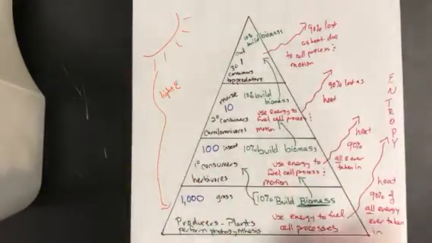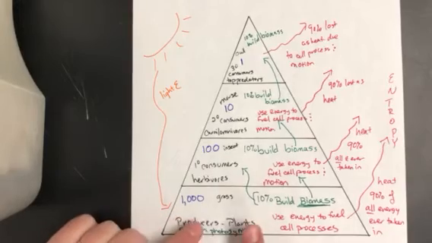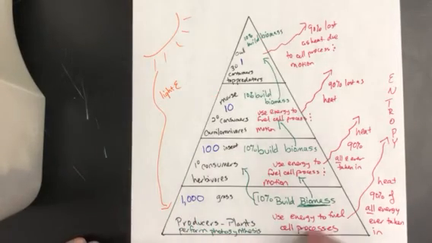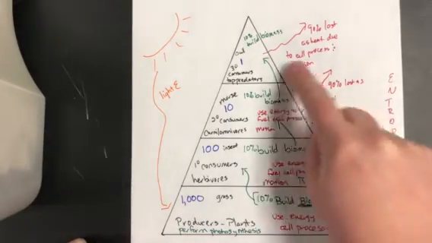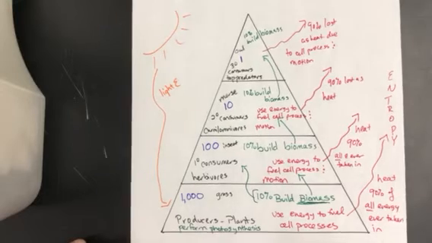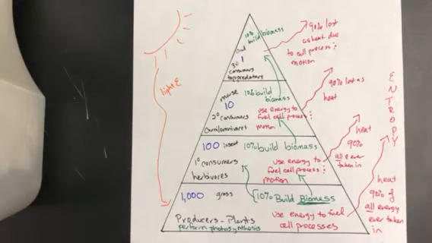So the main take home from this whole energy pyramid is a couple things. First of all, anything that is consuming energy uses most of the energy just to live, and that energy ultimately gets given off as heat. This 90% number is an average. It's not exact. You have to do the exact numbers for each animal, and plant. We don't learn how to do that in this class.